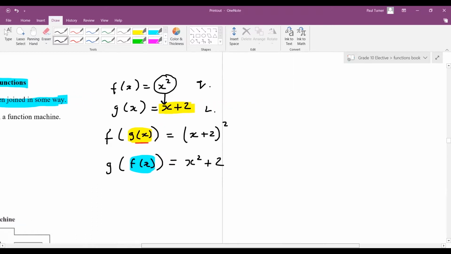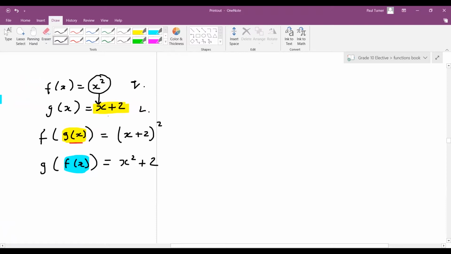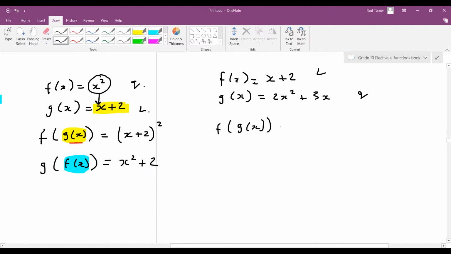I'll make another example. If you want to copy that, you can copy that down. So here's another example. f(x) equals x plus 2. g(x) equals 2x squared plus 3x. Okay, any two functions. The first one's linear, the second one's quadratic again. So f(g(x)) would be what?